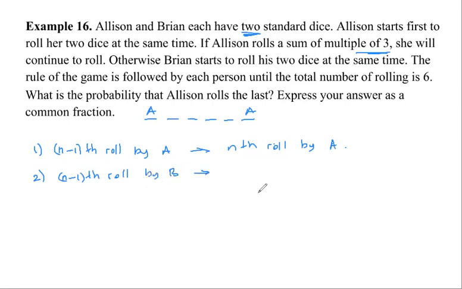Then the next one is going to be done by Allison, because we don't want to get Brian again. The reason is that we want the final roll to be by Allison. So that's the case, and then the nth roll is still done by Allison, but n could be 2, n could be 3, n could be 4, and so on.